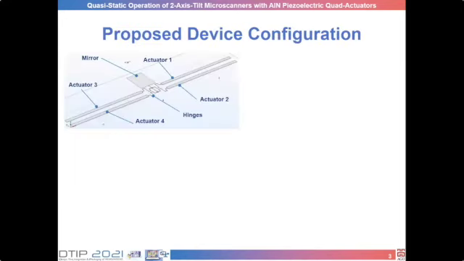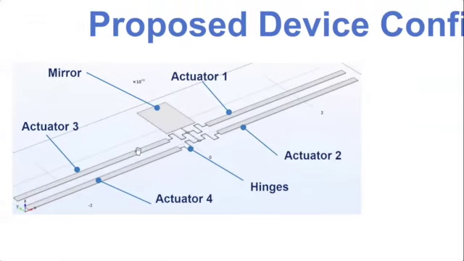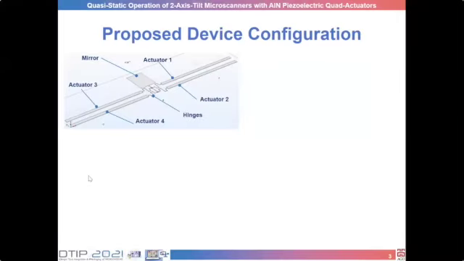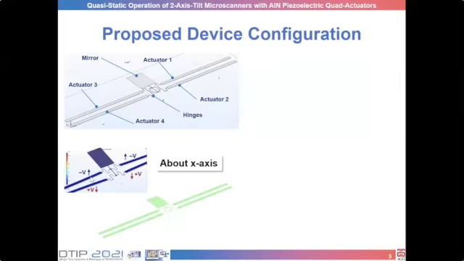Here, we have an illustration of the proposed device configuration. It has 4 actuators, which are connected to the mirror through those hinges. For the rotation about the x-axis, the same voltage is applied to actuators 1 and 3, and then to 2 and 4, so that it can rotate like this.